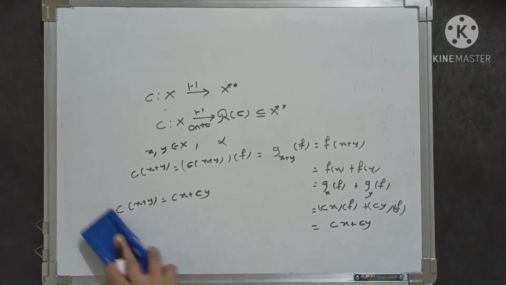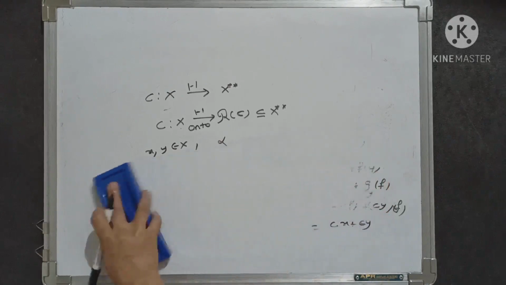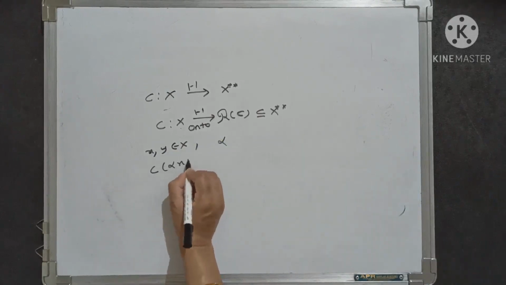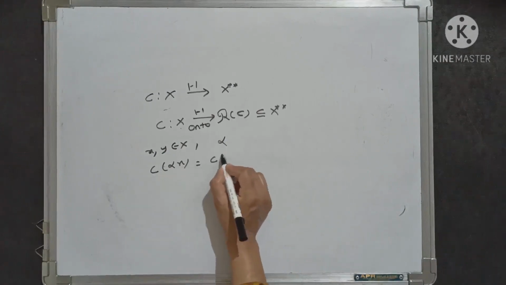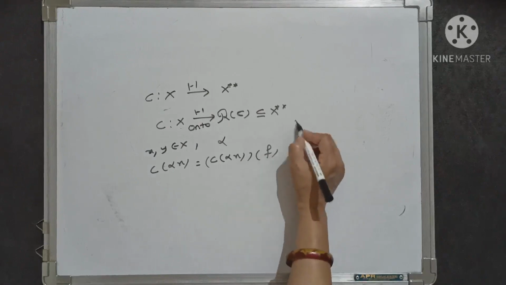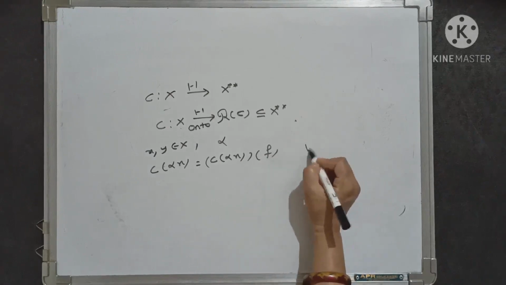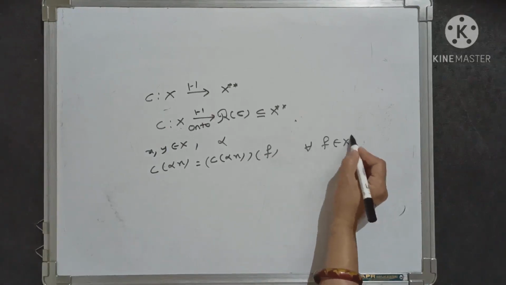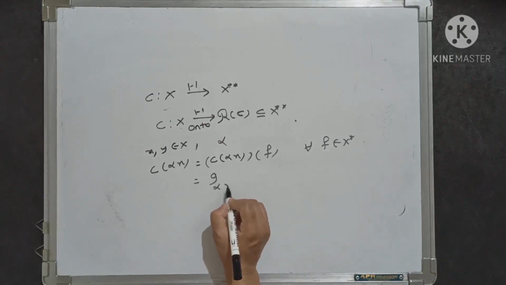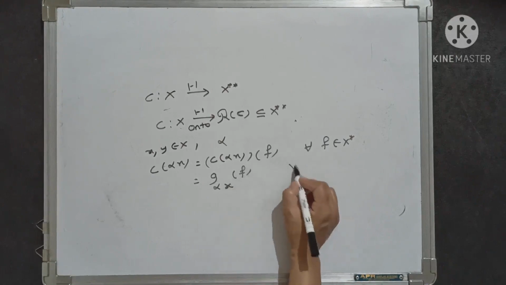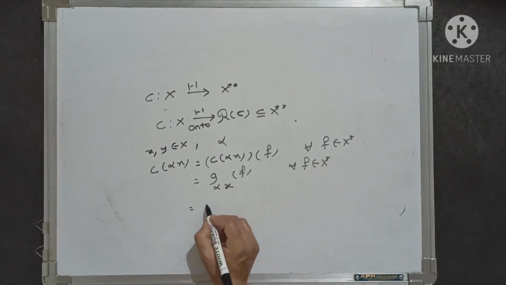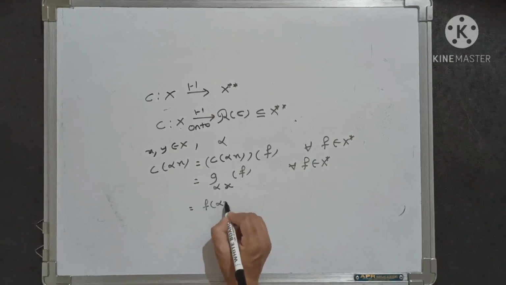In the same way, we also show that C of alpha x, by definition, is equal to C of (alpha x) of f for all f belongs to X star. It is nothing but g of (alpha x) of f for all f belongs to X star. It is equal to f of alpha x.